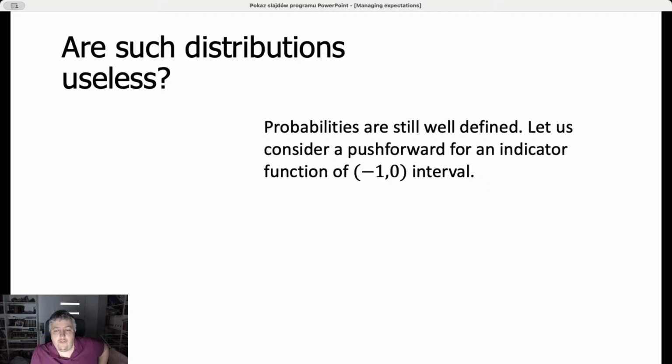Those distributions are very useful, and probabilities are well defined, and many expectations are well defined, just not the actual expected value of the distribution.